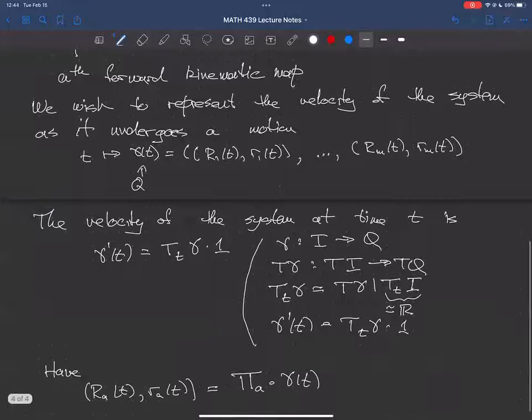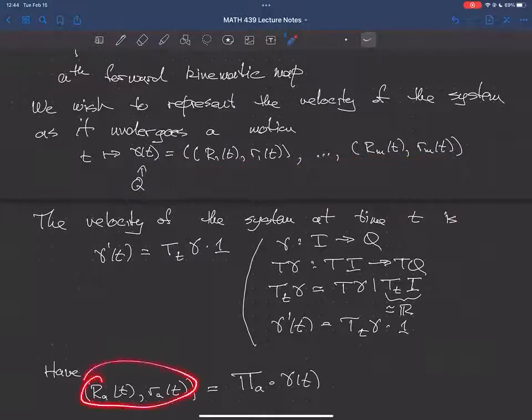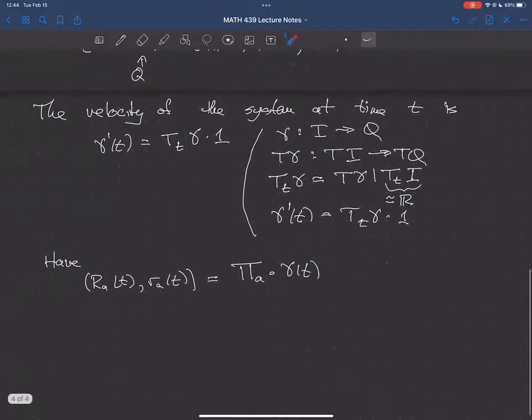So gamma is a curve in Q, like so. Q sits inside Q free, like so. And R_a and little r_a are just the projection onto the a-th component of this thing, right? So that's just true, okay? And so therefore, I can differentiate this.